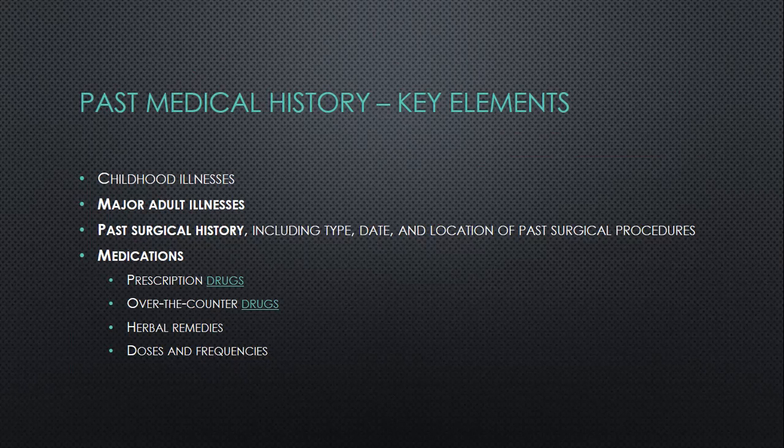Okay, it actually means per os, which is actually Latin, and per os means por la boca. So we would consider correct to say per os or PO for any medication that our patient is taking orally.